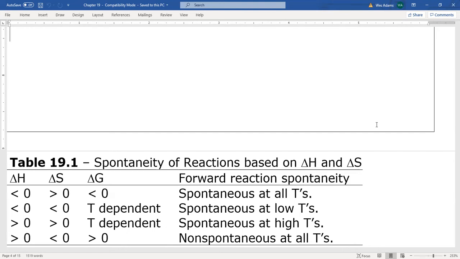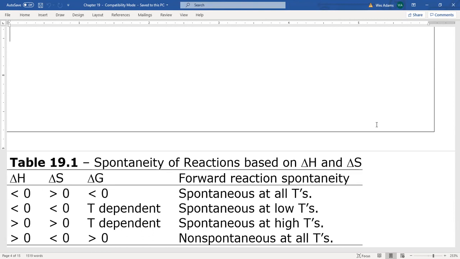In the bottom case, if delta H is positive and delta S is negative, then the delta G is positive, and it's non-spontaneous. Those are always so, regardless of temperature. The two in the middle are temperature dependent because they offset.